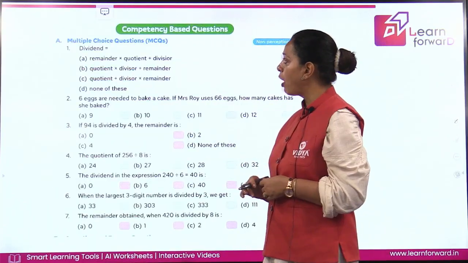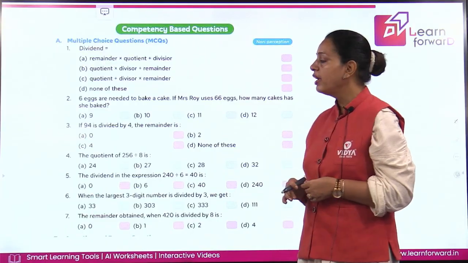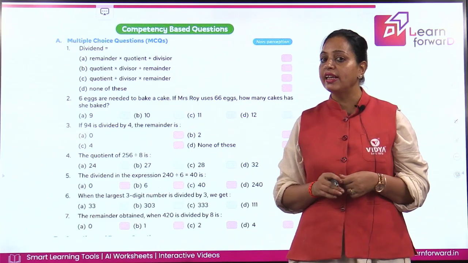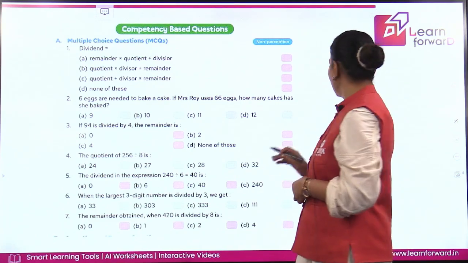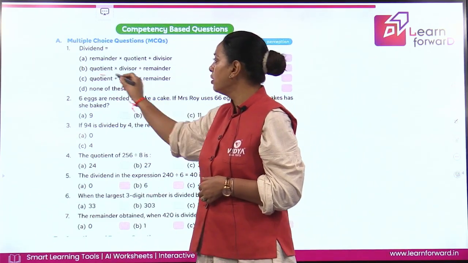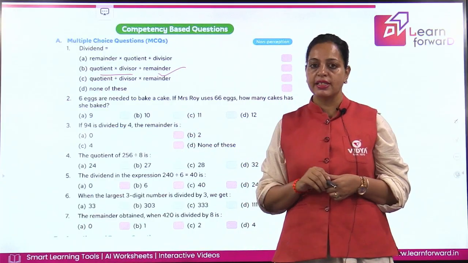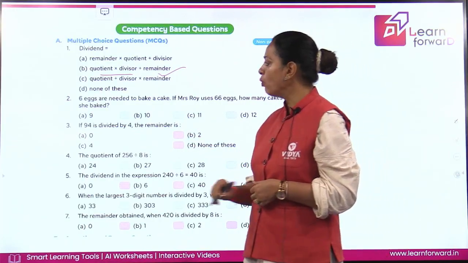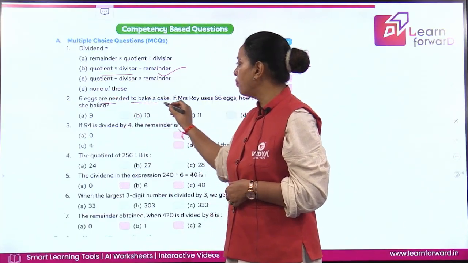Now we are talking about competency based questions. A part, multiple choice questions. The first one, dividend is equal to what? You know, quotient into divisor plus remainder. So answer is B. Okay. The second one, 6 eggs are needed to bake a cake.